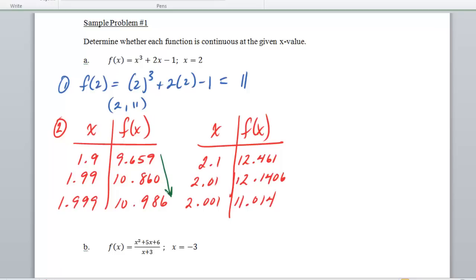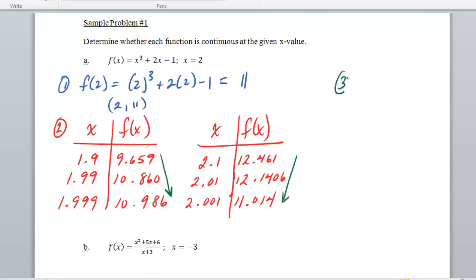And same thing from the other part. As we get from 2.1, 2.01 and get closer and closer to 2, this seems to approach 11 from this side as well. And so 11 is really not necessary in the second part of the continuity test. The fact that it's approaching a similar number from each side is what's important.